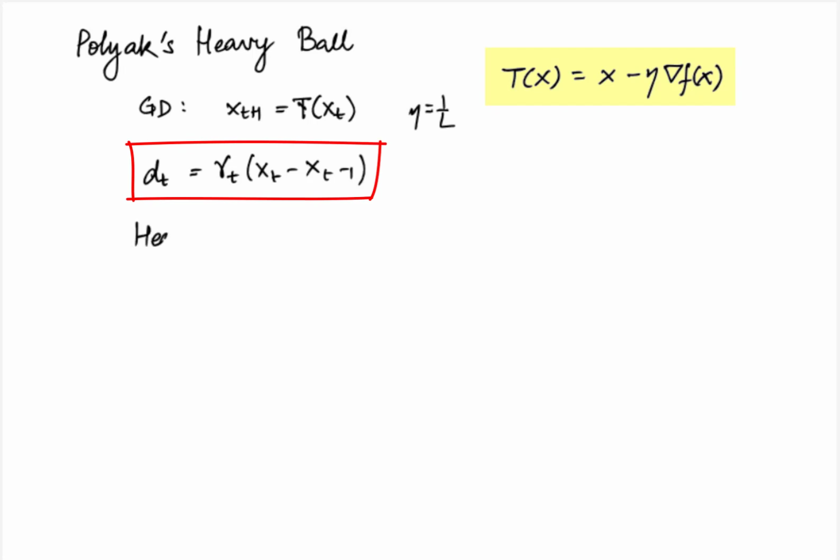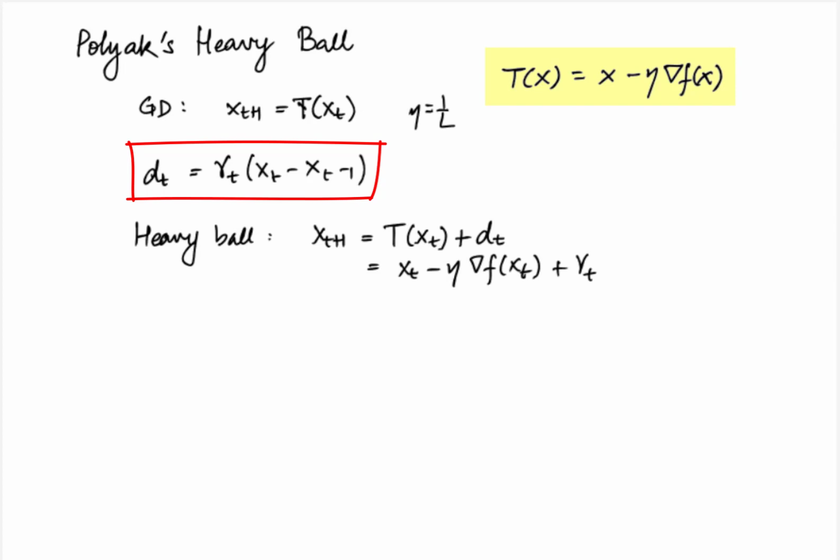Polyak proposed the heavy ball method, whose updates are given by xt plus 1 equal to T of xt plus dt, which can be written as xt minus eta times gradient f of xt plus gamma t times xt minus xt minus 1. As you can see, the idea behind momentum was for the algorithm to remember the direction in which it was going earlier.